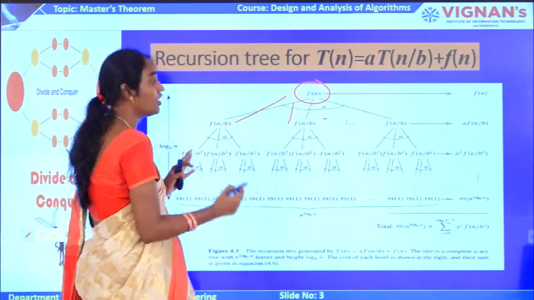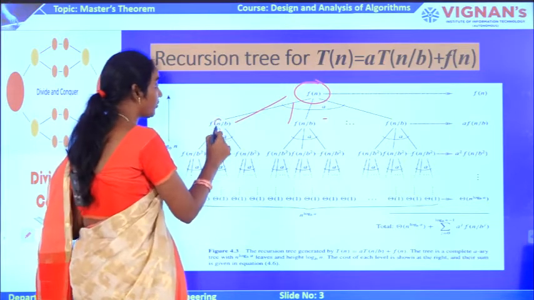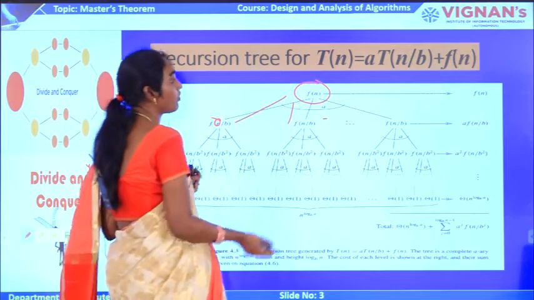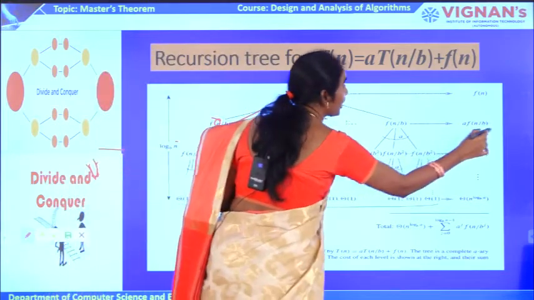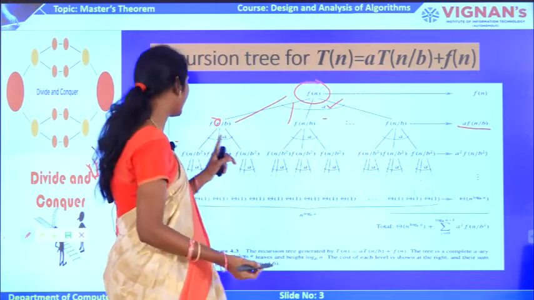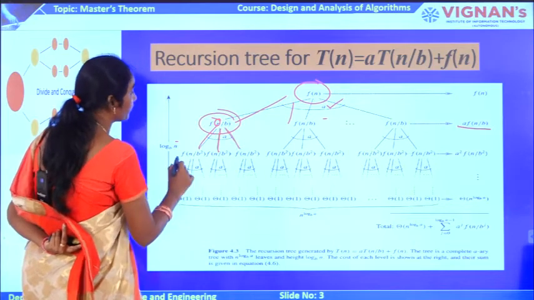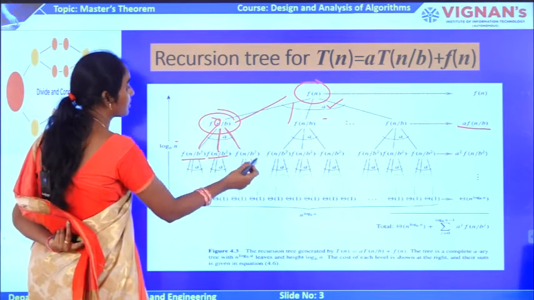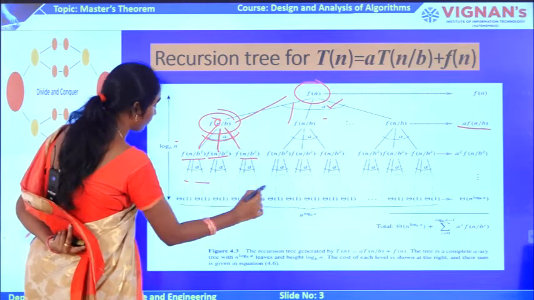Here, as I am having one more n, I am taking one more constant called a. So this can be written as a into f of n by b, and again this f of n by b can be solved further, so f of n by b square, again with a, and so on.